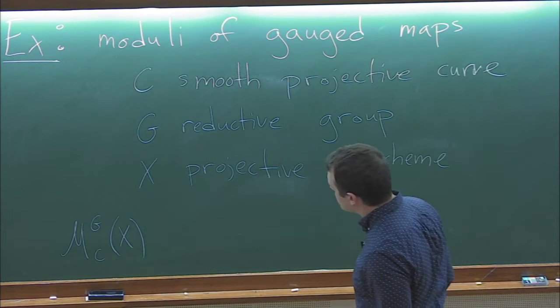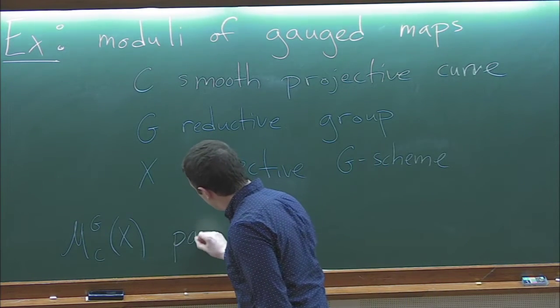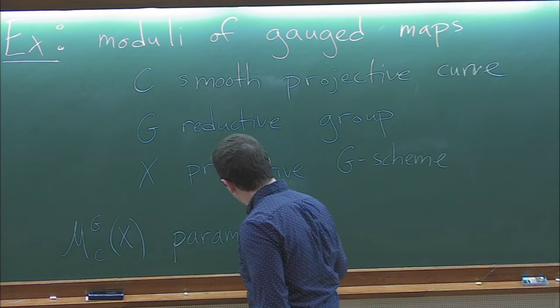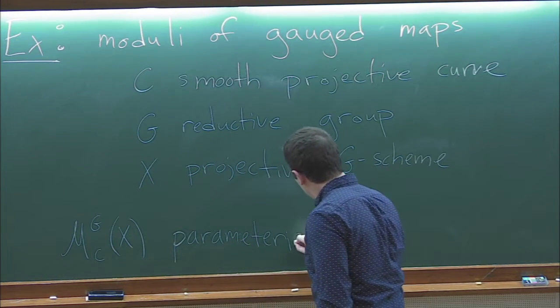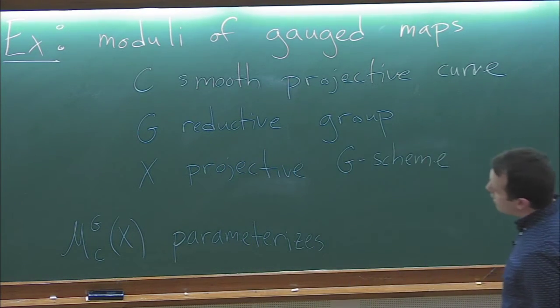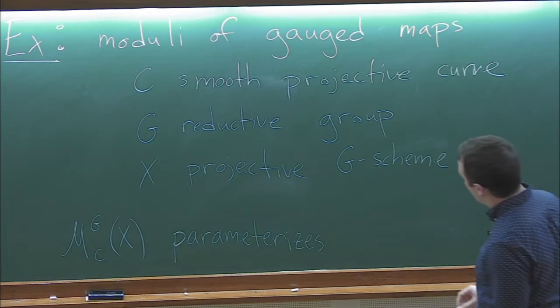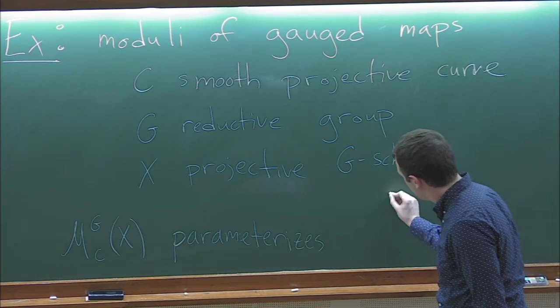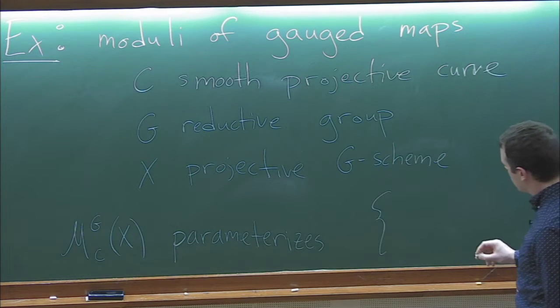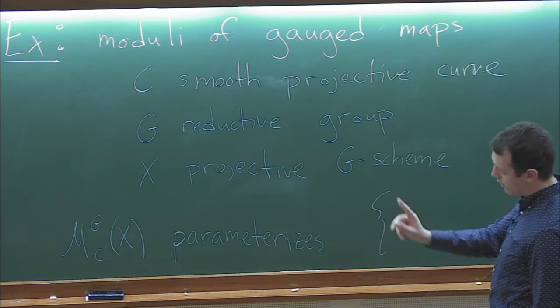And what it parameterizes is families of objects of the following kind. I'm going to give you what it is over a field, over a point.